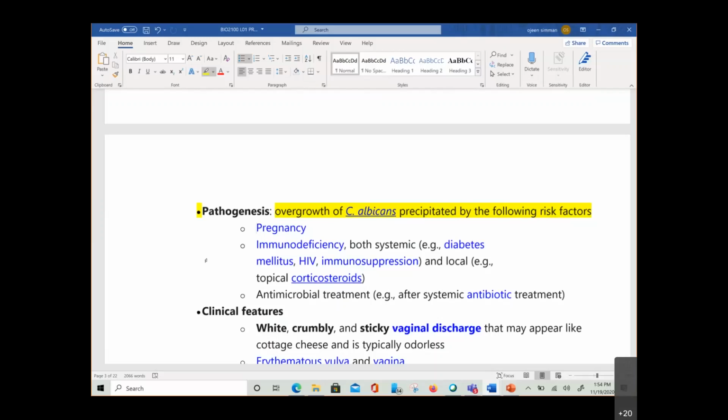Okay, and antibiotic treatments. So you would suspect Candida after one of these risk factors being present. A patient must be immunosuppressed for whatever reason, must be pregnant, or must have had a recent antimicrobial treatment. Okay.